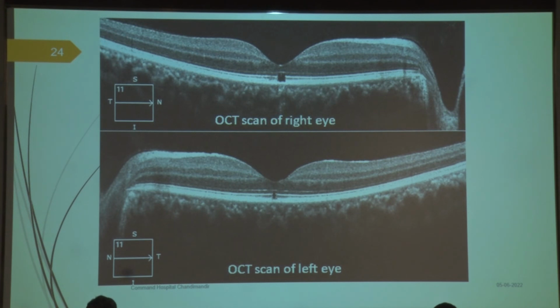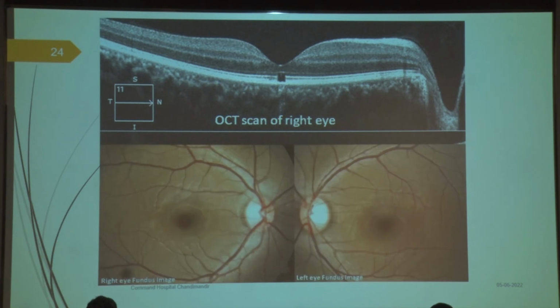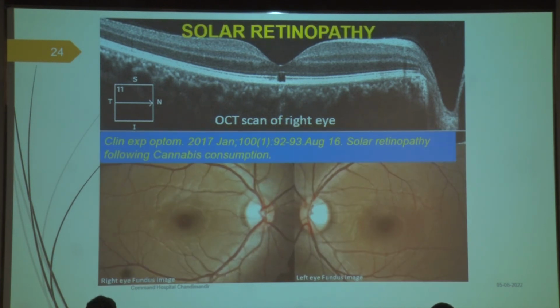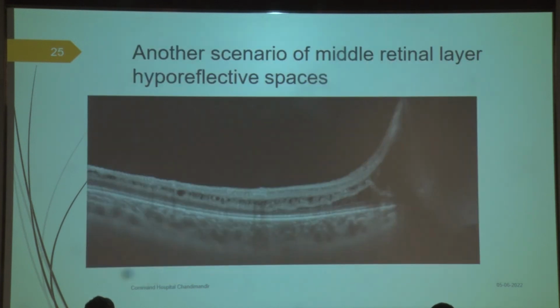Now, this kind of outer retinal cavitations have again been reported in 2017, and this is a case of solar retinopathy. So, whenever you see these dark spaces in an OCT, you need not go for the anti-VEGF option directly.